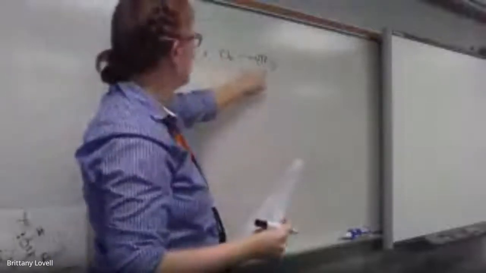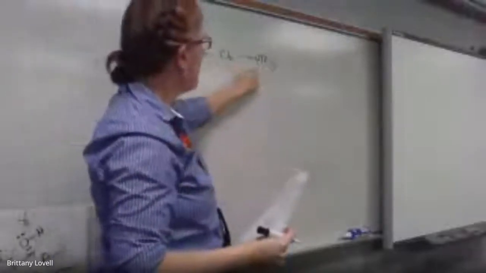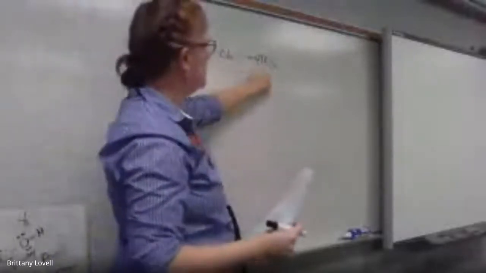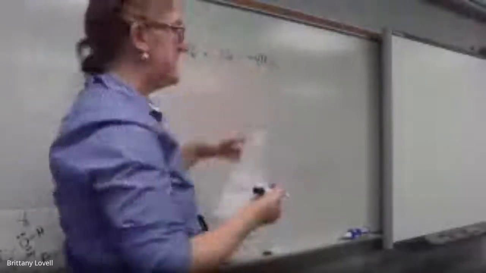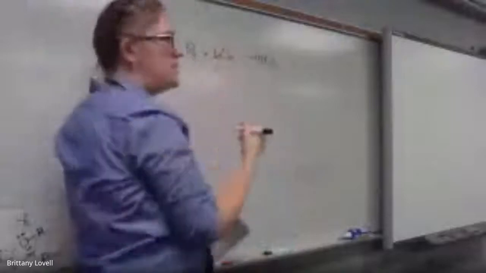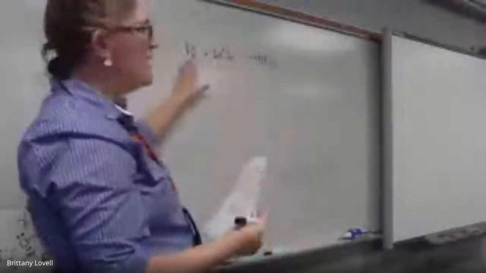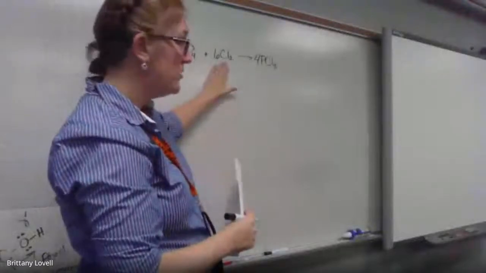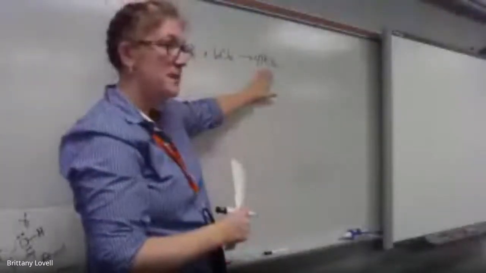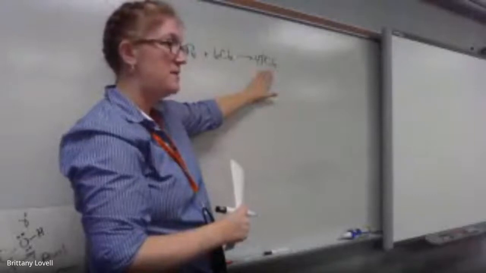So 4 P's, 4 P's. I have 2 right here. How many chlorines total do I have right here? There are 12. So how do I fix this side? What do I put? A 6, right? So there you go. There's your ratios. 1 molecule of P4, you have 6 molecules of Cl2, 4 molecules of PCl3. You understand?